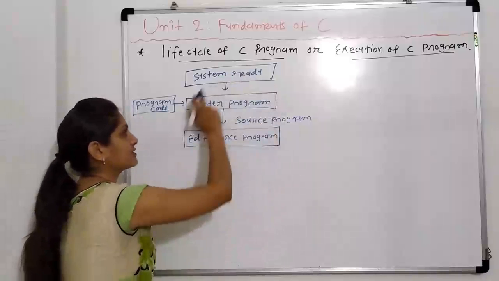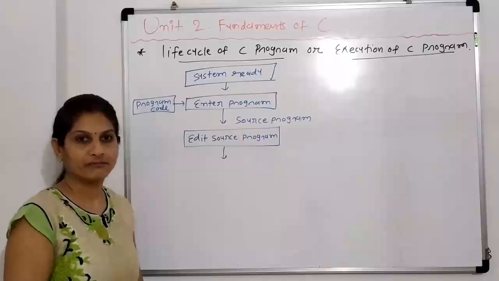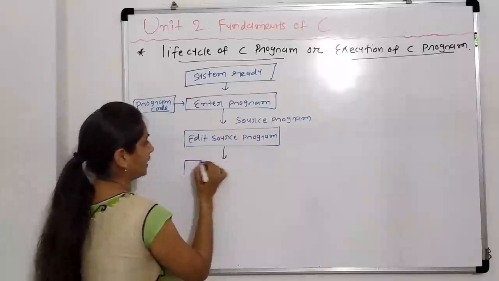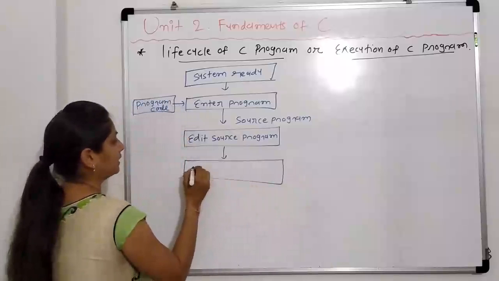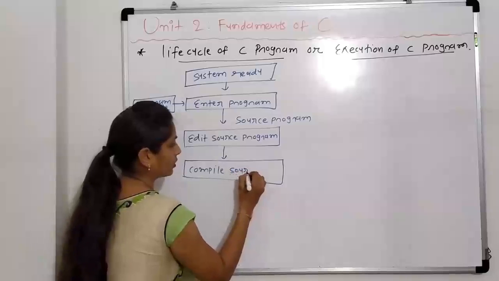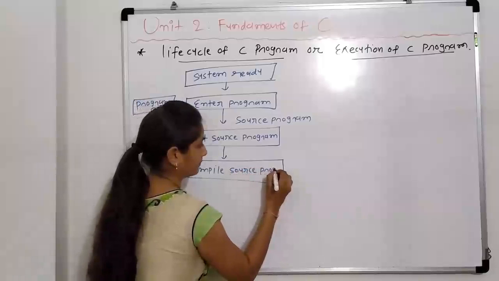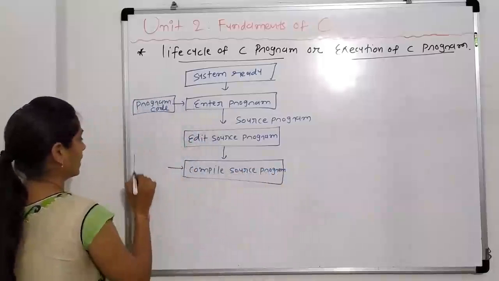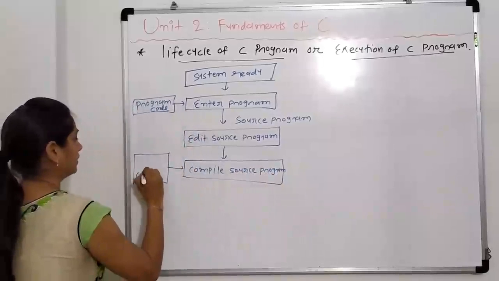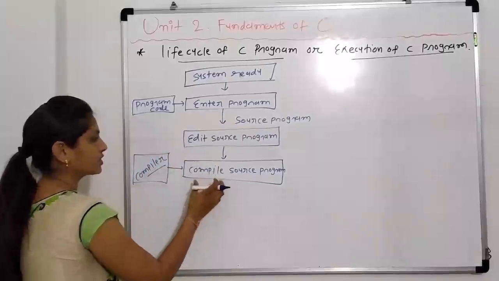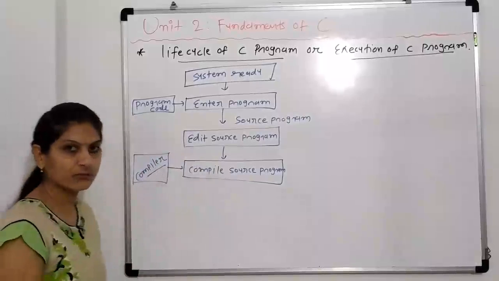So this portion is nothing but creating the C program. After creating, the next step is compile source program. To compile the program, we have a compiler. The compilation process is done by software.